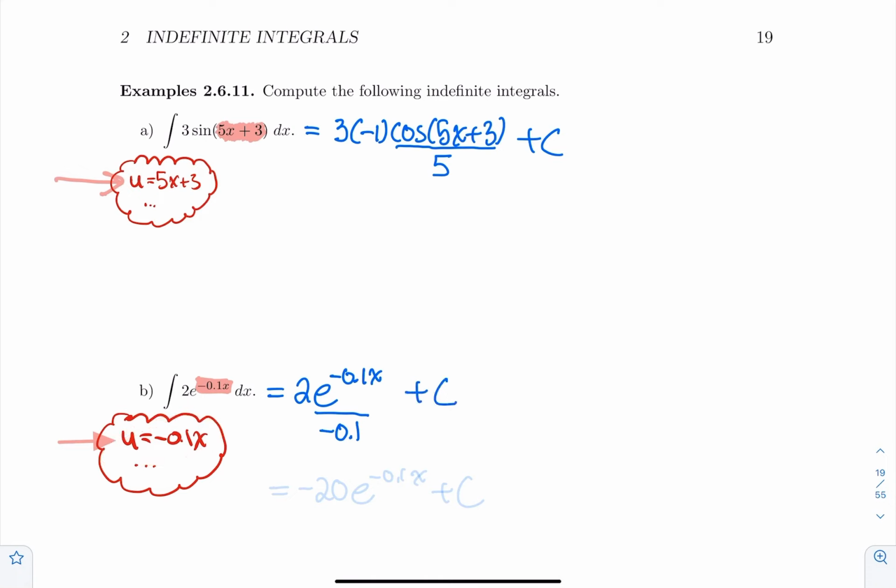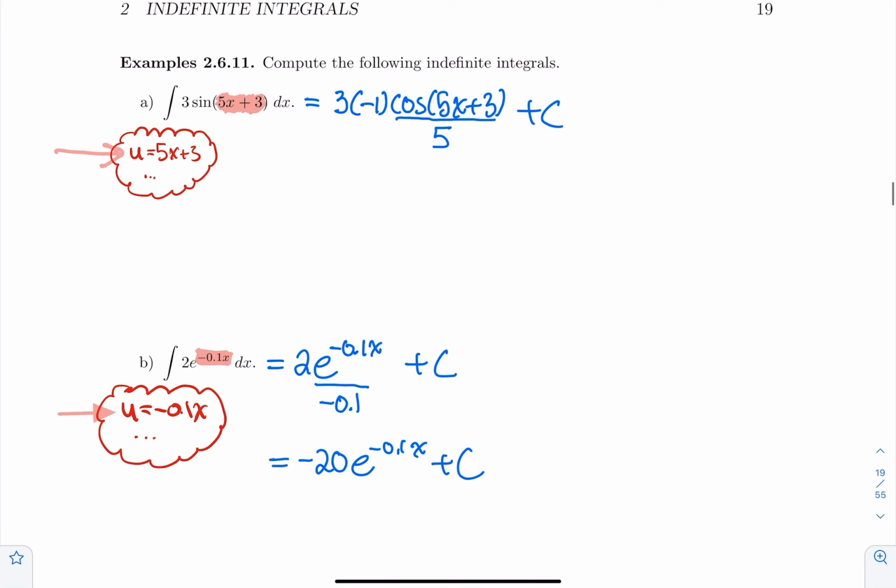If you want to simplify, dividing by 0.1 is multiplying by 10, with its negative counterpart here, so you can also write that this is equal to minus 20 e to the minus 0.1x plus c. Again, you can do it the long way too, but if you know the trick, use the trick.